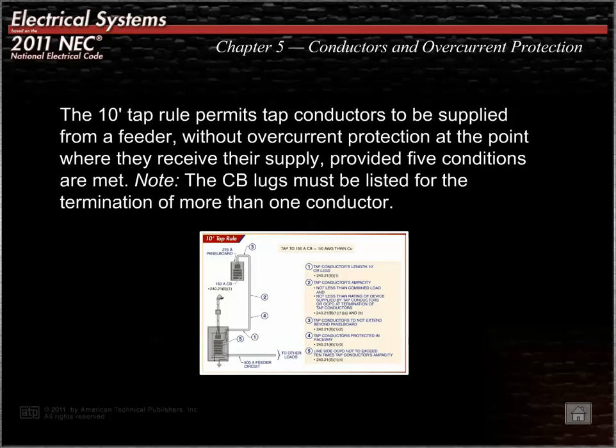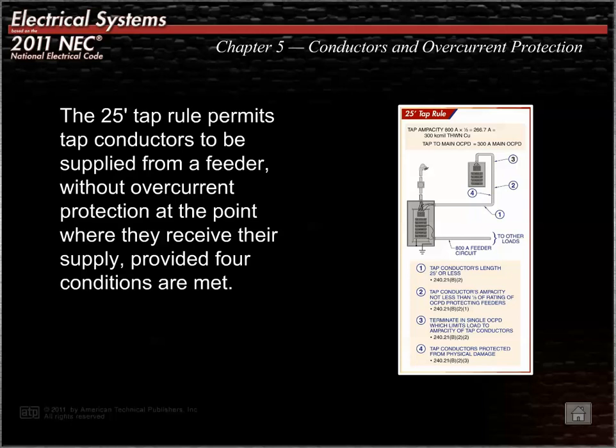The most commonly used feeder tap rule in electrical distribution systems is the 10-foot tap rule. Section 240.21(B)(1) sets 5 conditions which shall be met to permit conductors to be run without overcurrent protection. The 25-foot tap rule is also commonly used in electrical distribution systems.